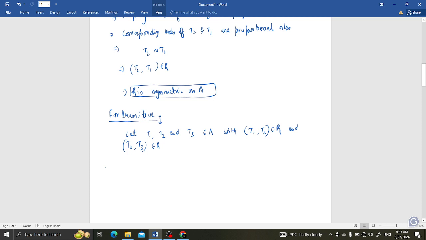See, as T1 is similar to T2 and T2 is similar to T3, what it implies?